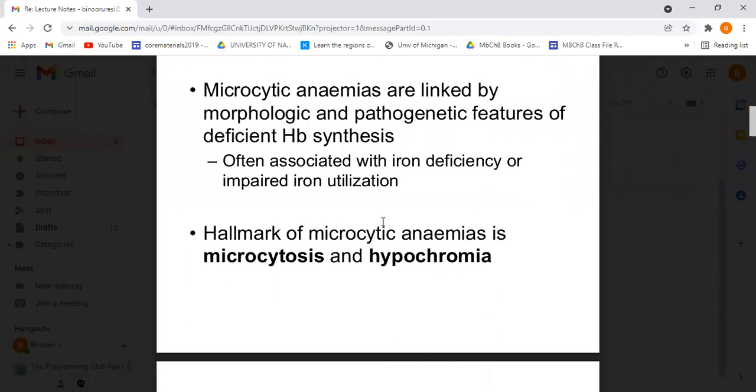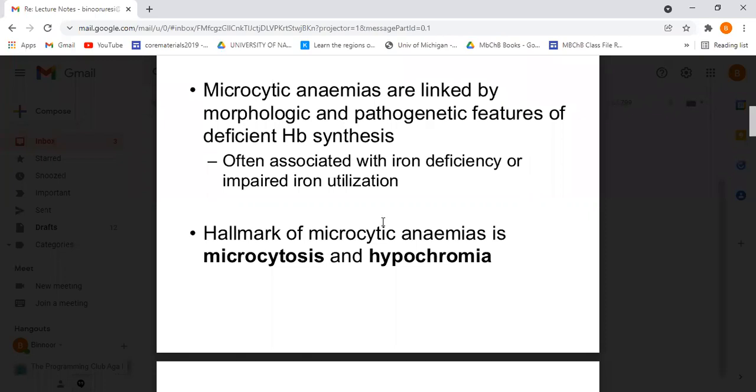The microcytic anemias are anemias that have red cells below 76 femtoliters of MCV. They are linked by morphologic features, meaning the shape or the size or the way they look under the microscope, and the genetic features of deficient hemoglobin synthesis.